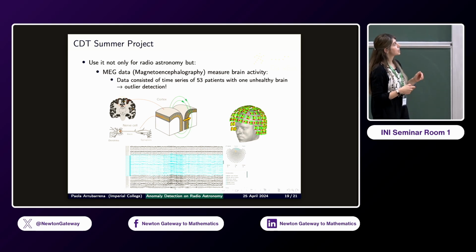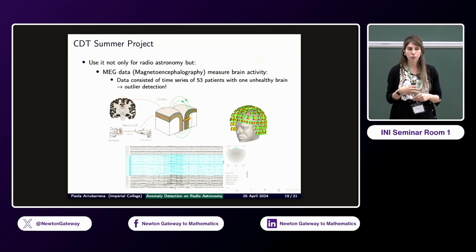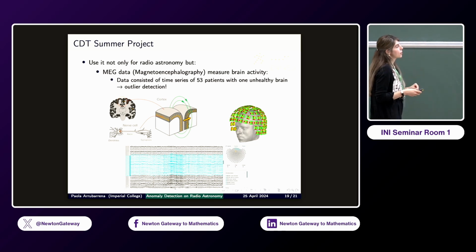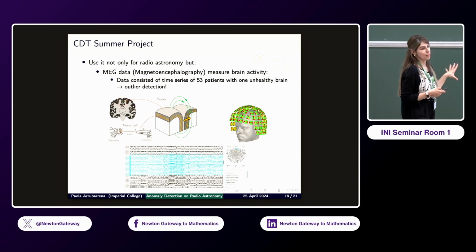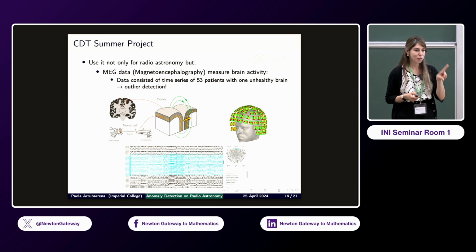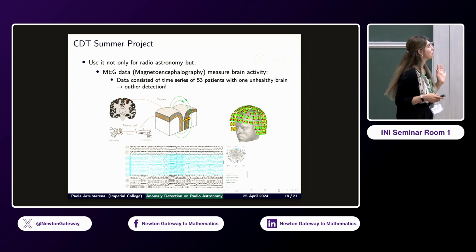So yeah, we have this data from 53 patients. But the way this project worked is that we threw sort of a challenge to the students, where the neuroscientists that gave us this data gave us all healthy patients, but one. One was an unhealthy patient, but we did not know which one.